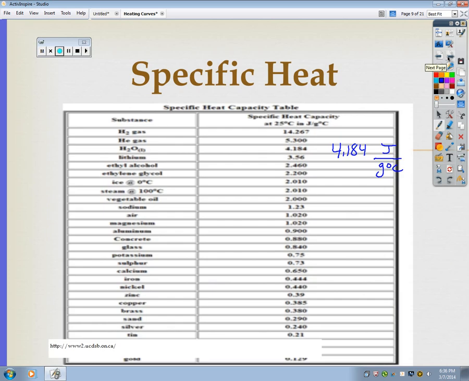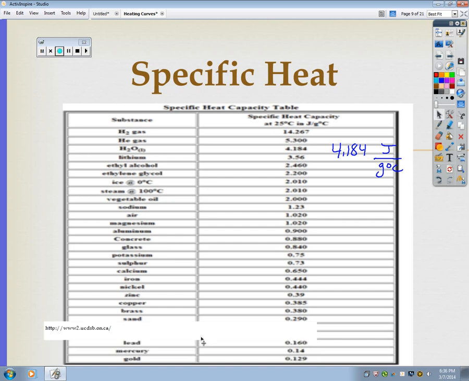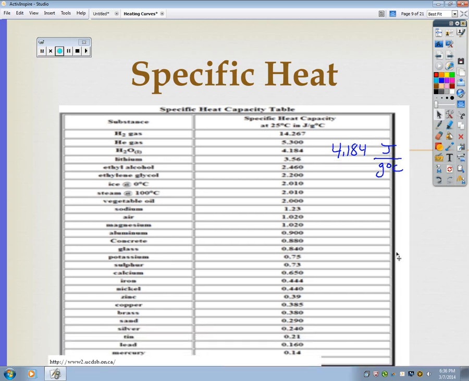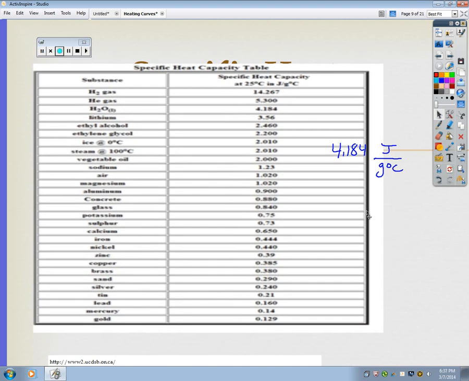So let's look at this. Water is 4.184. If you look down here, mercury is really low, 0.14. So this is water, and that's how much energy it takes to raise 1 gram of water by 1 degree Celsius.